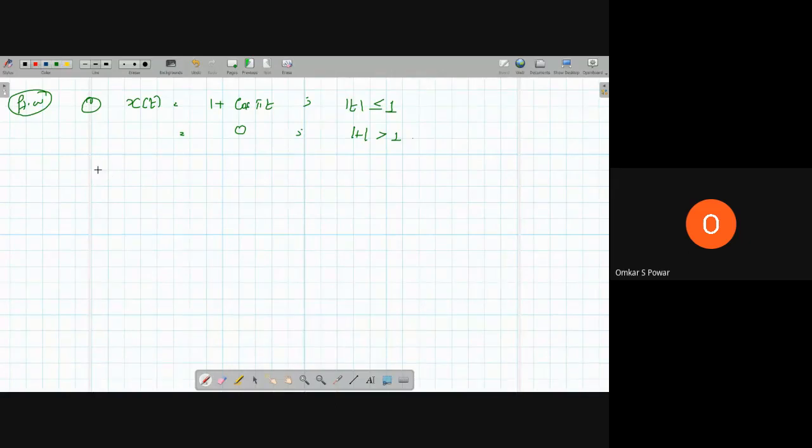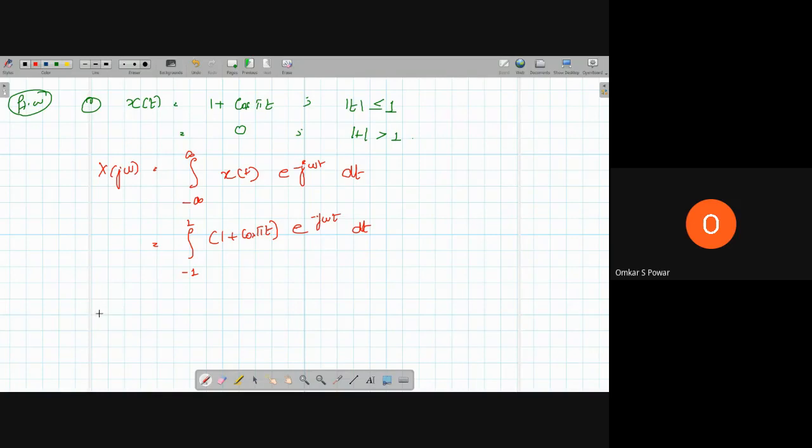So how can you go about this problem is, first express in terms of formula minus infinity to infinity x of t, you have e power minus j omega t into dt. So your limits now change from minus 1 to 1. So your x of t is 1 plus cos pi t into e power minus j omega t dt.